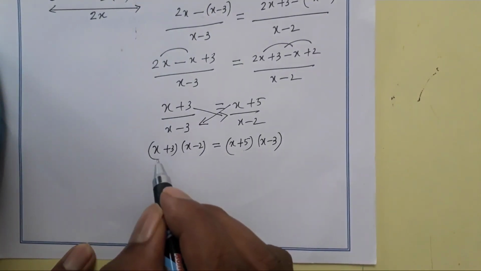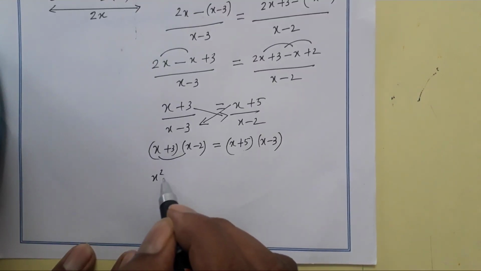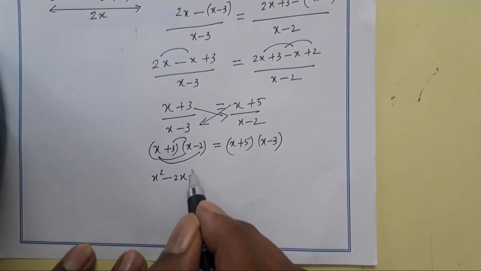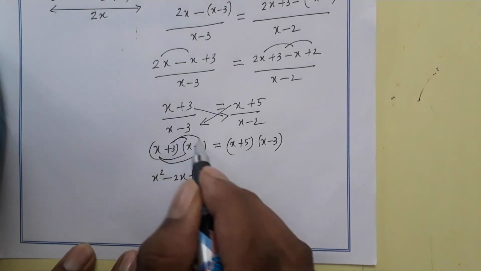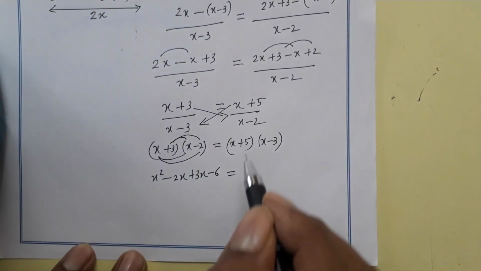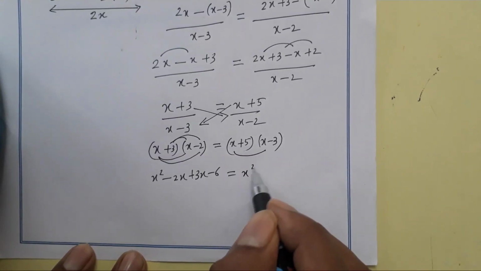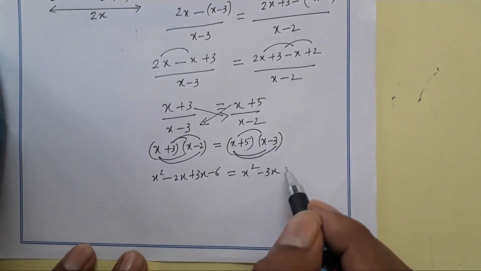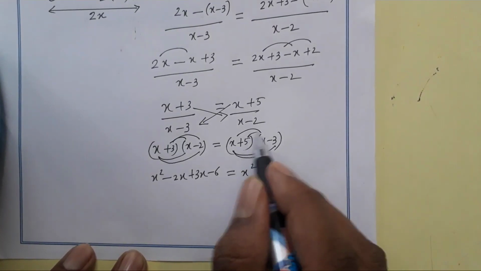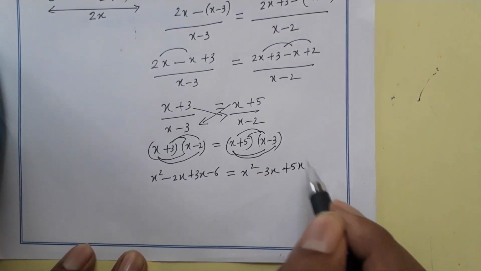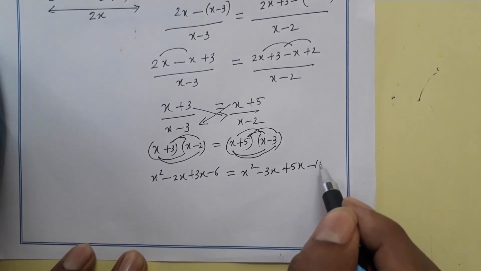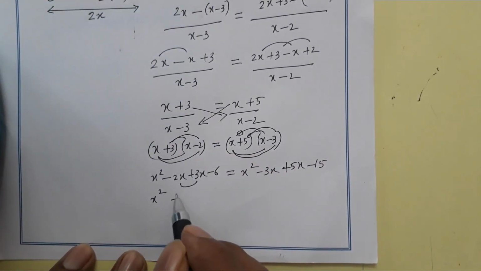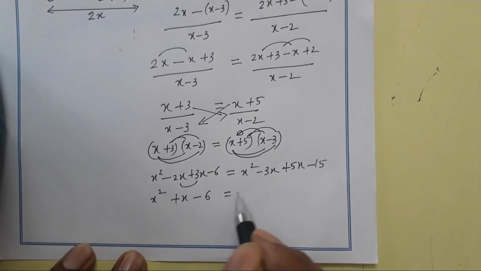You multiply these two, X square minus 2X plus 3X minus 6. In the same way, X square minus 3X, 5 into X, 5X, 5 into minus 3, minus 15. So it becomes X square plus X minus 6.